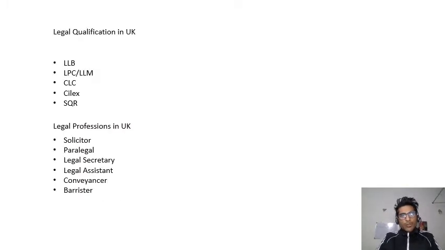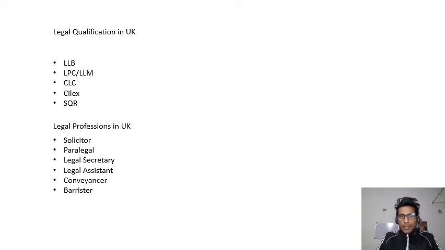Now let's talk about legal qualification in the UK. If someone wants to be a lawyer or solicitor, he will go for LLB, and after it he will complete LPC, LLM. LLB is a bachelor degree in law, but after it you cannot be a solicitor.